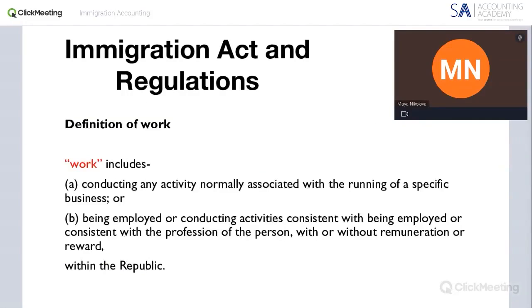So now work. Okay, work is defined. Sorry, I was wrong in the previous slide stating that work is not defined, but work is defined and includes conducting any activity normally associated with the running of a specific business, or being employed or conducting activities consistent with being employed or consistent with the profession of the person, with or without remuneration or reward within the Republic.